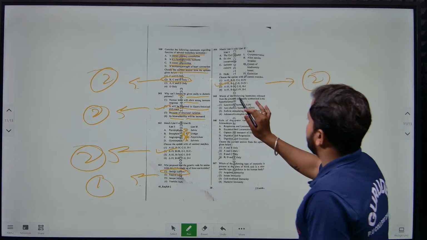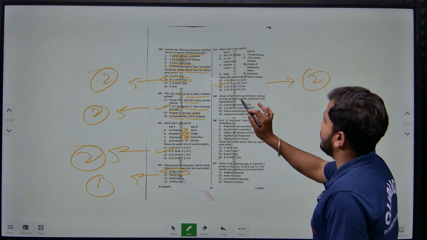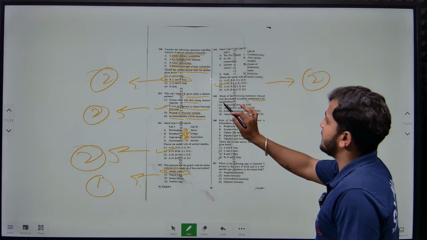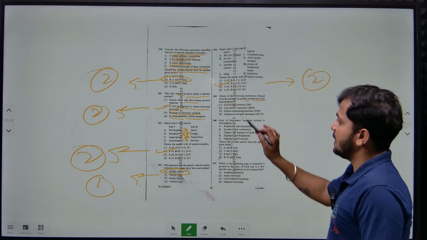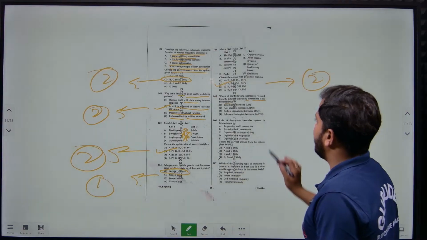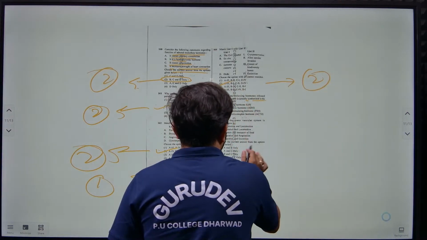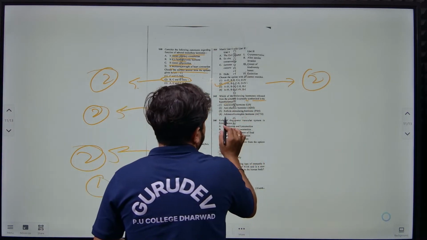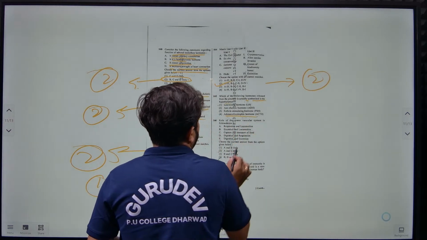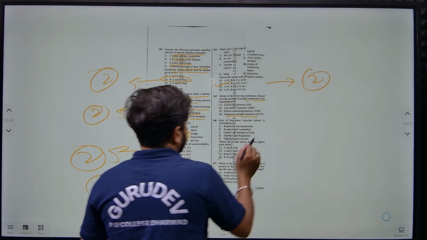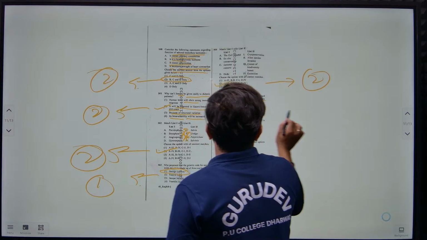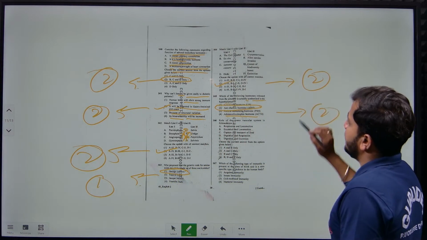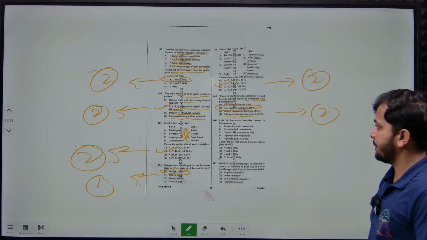Then which of the following hormones released from the pituitary is actually synthesized in the hypothalamus? Luteinizing hormone, antidiuretic hormone, follicle stimulating hormone, adrenocorticotropic hormone. So according to that, that is nothing but antidiuretic hormone, option 2 is correct.